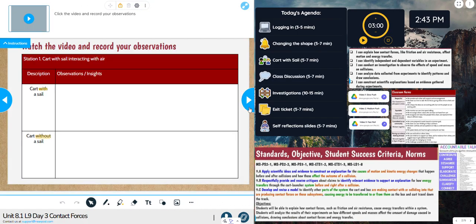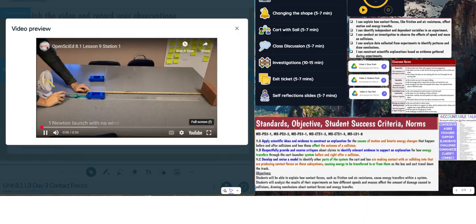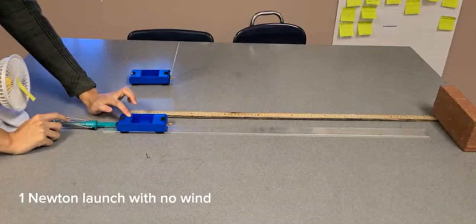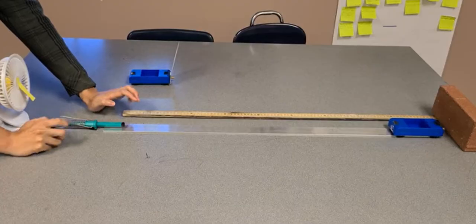All right, so we're going to watch the second video. This time we're going to watch a cart that has a sail and one without a sail. We're going to record our observations here. Let's play the video. She's launching the cart. There is nothing. It's just a plain cart.